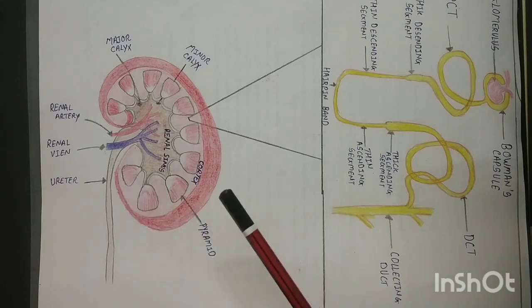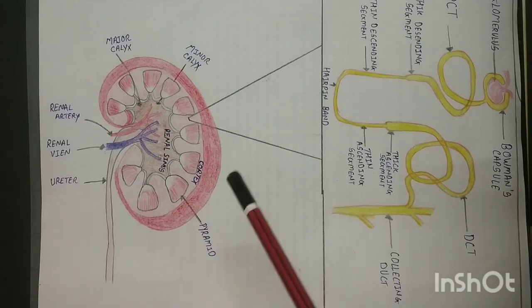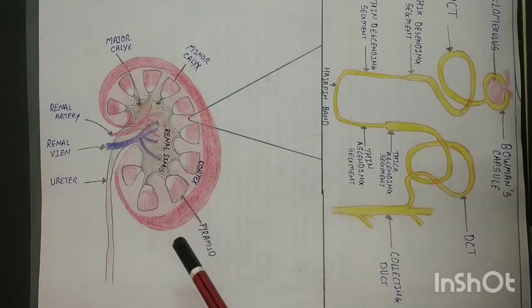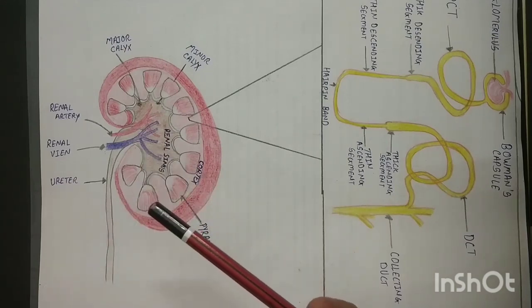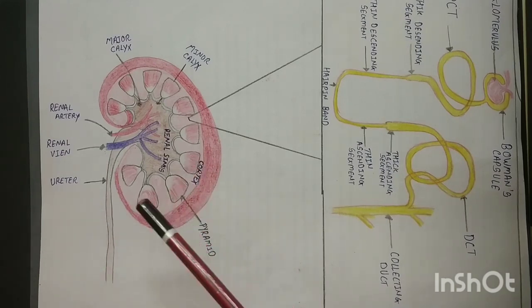These are not natural parts of the kidney, but for our understanding purpose, we will divide the kidney into 3 parts. You cannot identify these 3 parts in the gross features of the kidney, but for our knowledge purpose, we divide it into the cortex, medulla, and renal sinus.